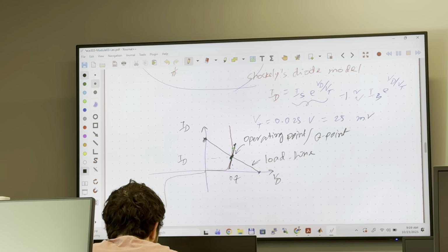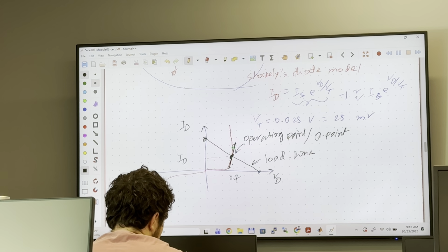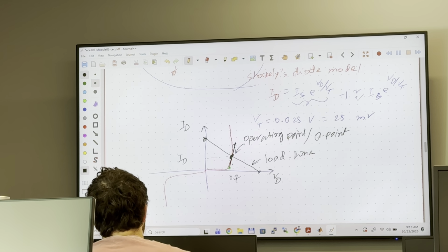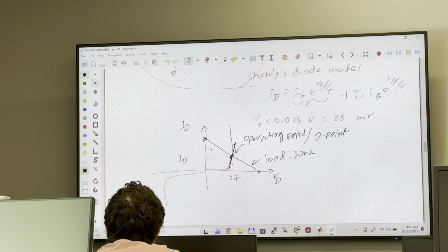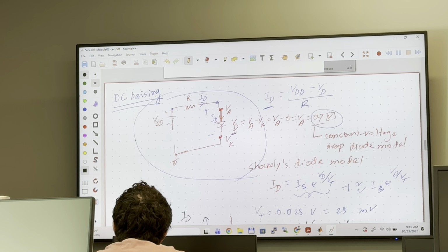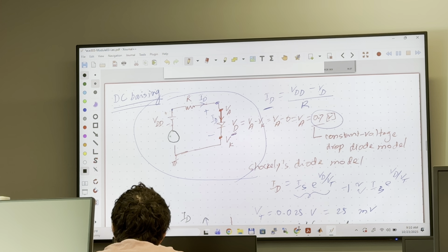So we first find the operating point using DC biasing. We do not consider AC. Now we will apply a small sinusoidal signal.